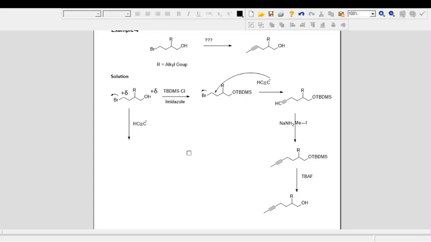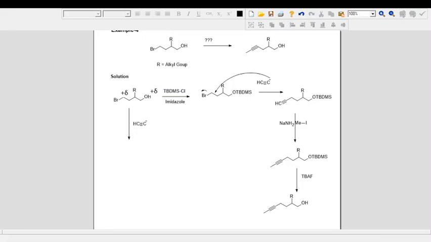So if we use sodium acetylide directly here, our original molecule has two electron deficient sites. One is an electron deficient hydrogen atom and the other is an electron deficient carbon atom.